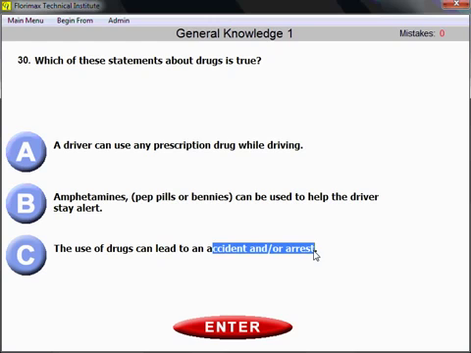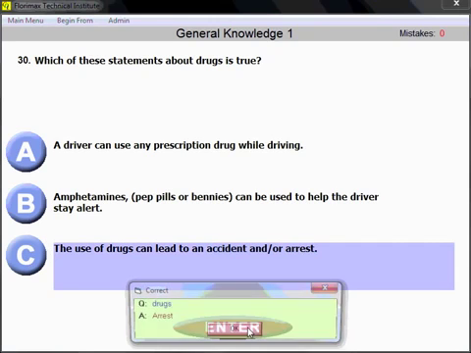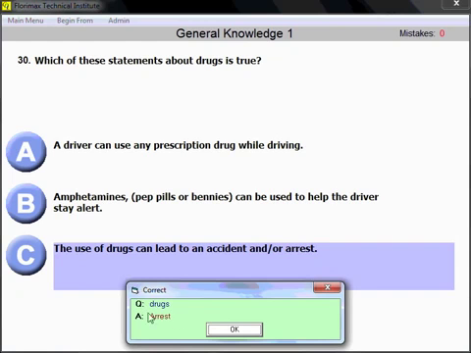You as a commercial driver should never use drugs while driving, should never have drugs in your vehicle, because the use of drugs can lead to an accident and your arrest. Okay, let's see. Answer C. Yes, drugs, arrest.